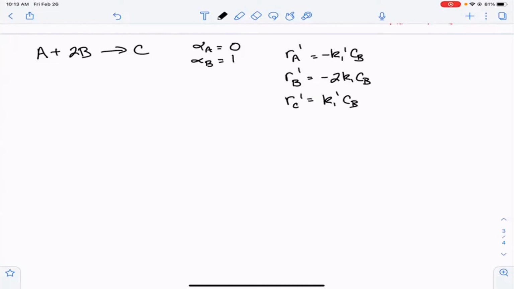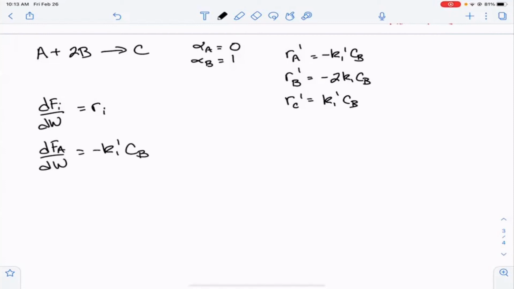We just derived the mass balance for a packed bed reactor: dF_i/dW equals r_i. I know that we did that just for A a moment ago, but of course it's generalizable. So dF_A/dW is equal to r_A, which is equal to minus K1 prime times C_B, okay?